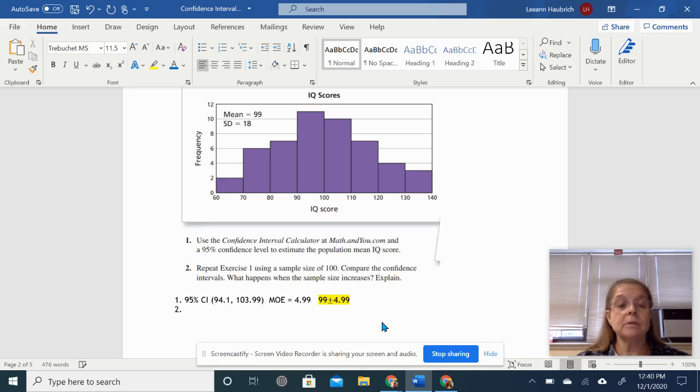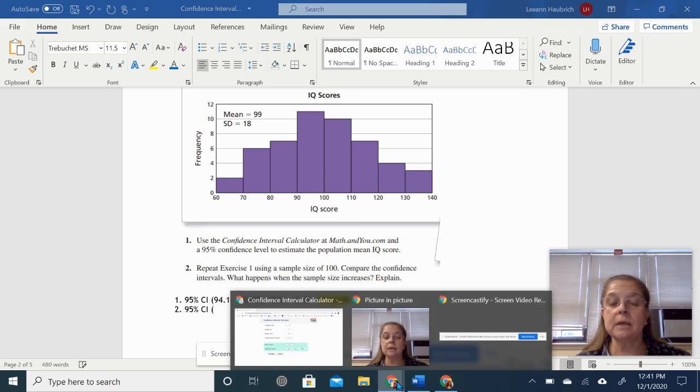So I'm going to still have a 95% confidence interval. So I'm going to start with that, CI. And it's still going to start with an open set of parentheses. But now I'm going to reset everything. You have to hit reset. And I'm going to change the number of people. Now, this only has 50, but I'm still going to use the 99 and the 18.